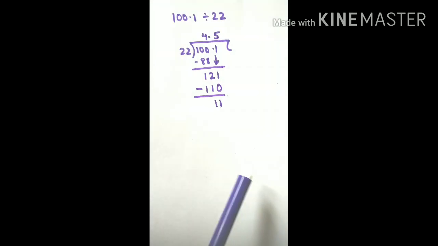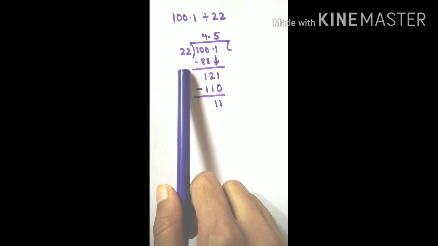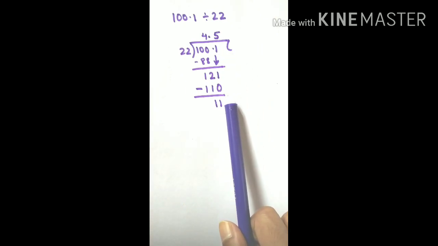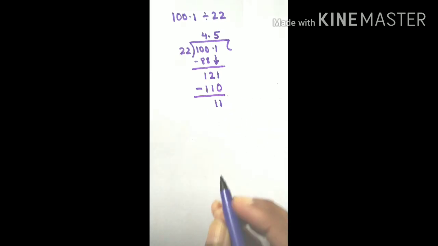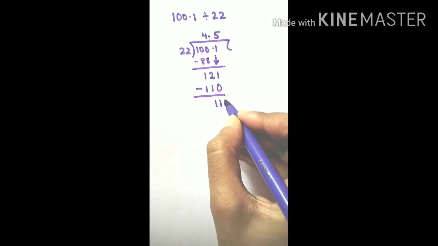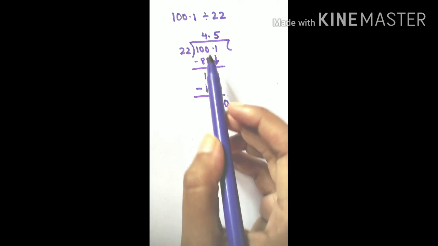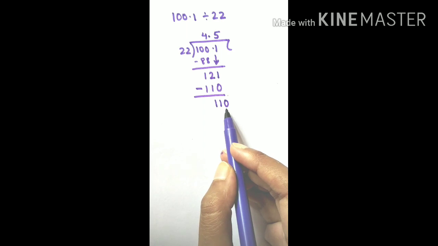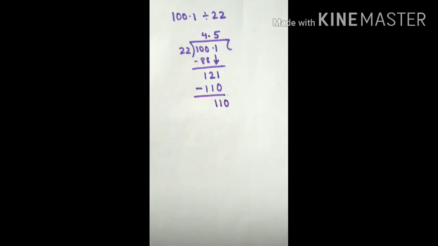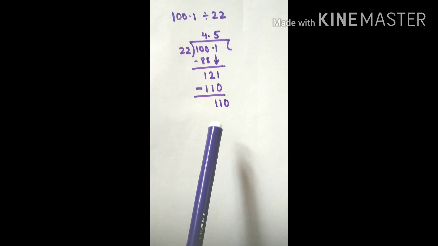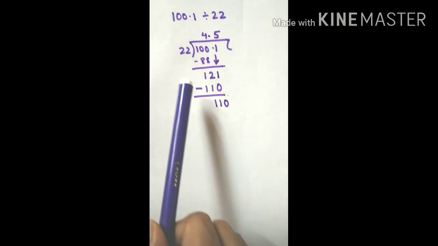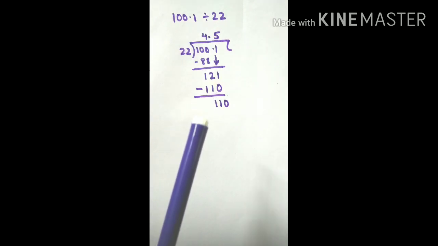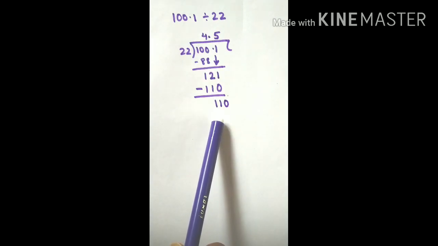Now students, 11 is less than 22 and there is no other digit in the dividend to bring down. So what we will do is, we will put a 0 here. Since there is a point in the quotient, we can put a 0. Now we will divide 110 by 22. So 22 multiplied by what number is equal to or nearest to 110?